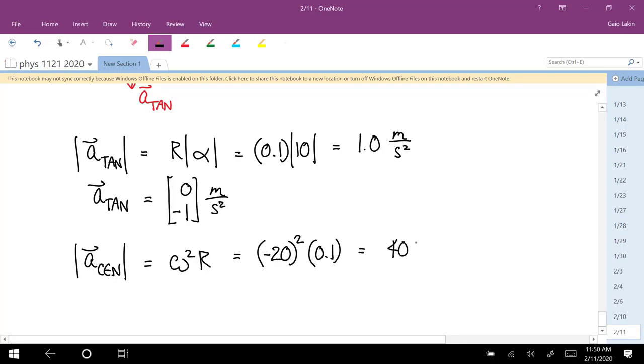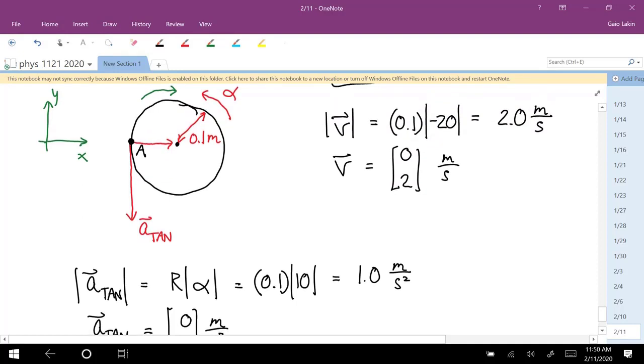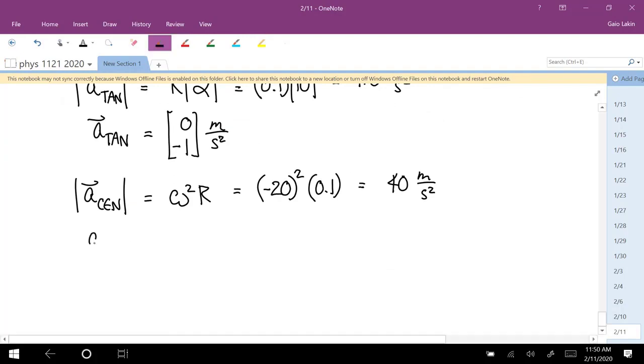So that's 40 meters per second squared. That's in the positive x direction. We figured that out earlier, I just didn't label it. And so the centripetal acceleration is positive 40, 0 meters per second squared.